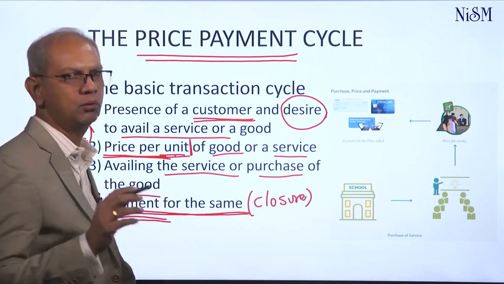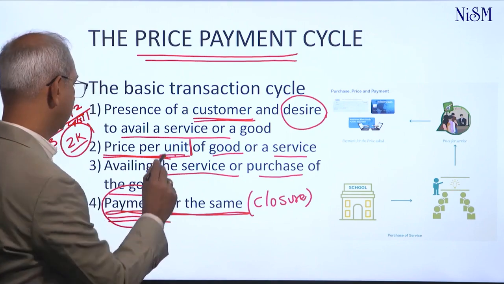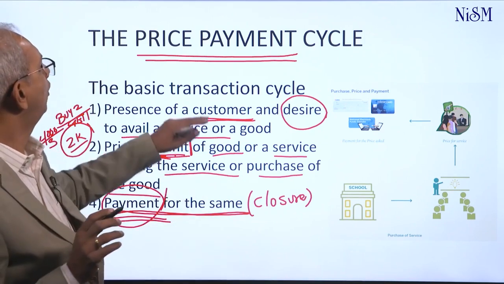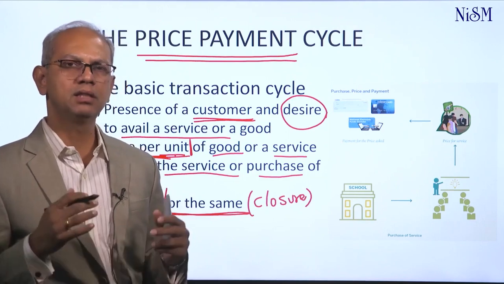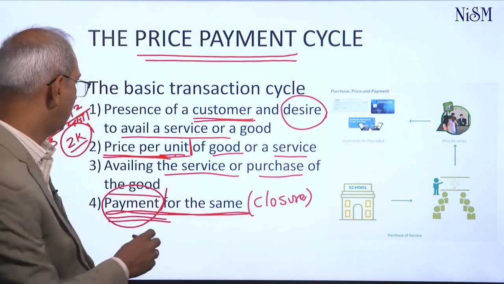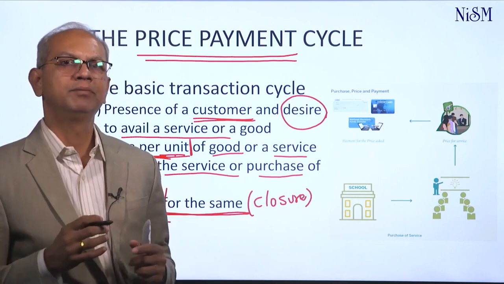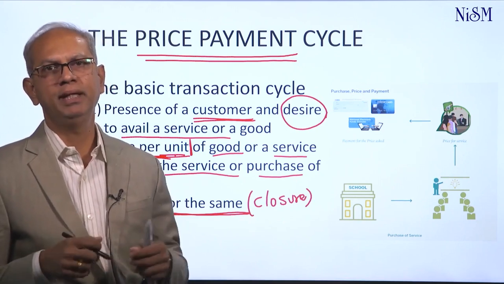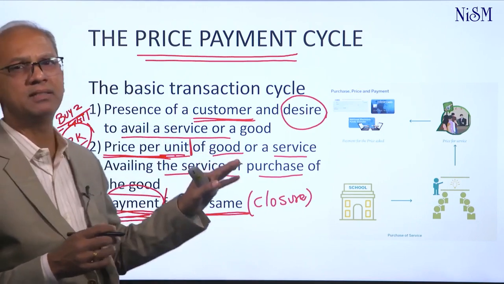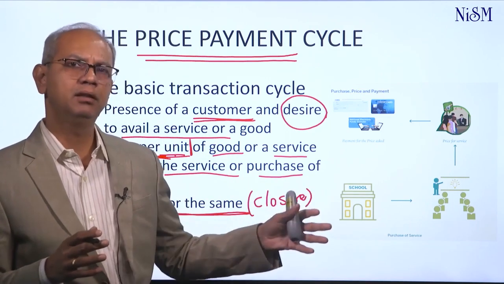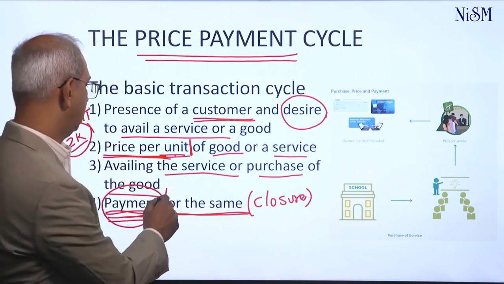So today we are going to spend a lot of time on the payment part, right? Obviously, it's not so much the price part or the good part that we are trying to see. This particular module is more about what are the different types of payment, and how the entire experience of making payments, when we used to complete this entire price payment cycle 5, 10, 15 years ago, has moved towards the new age payments that are happening now.